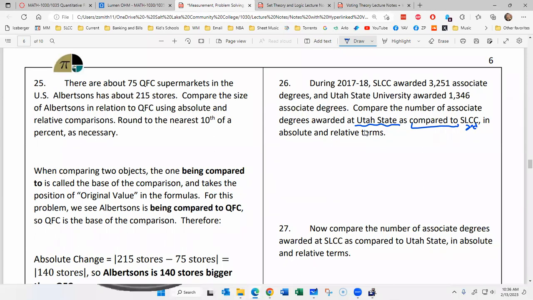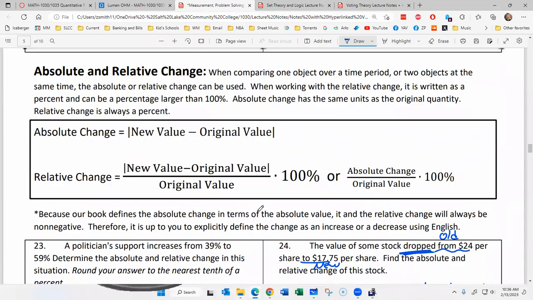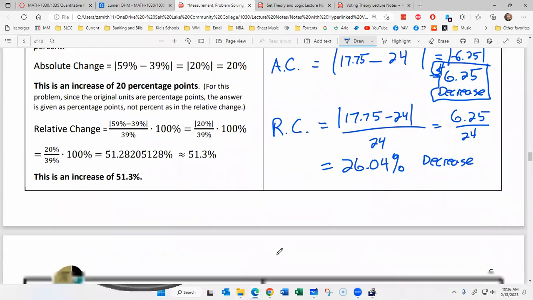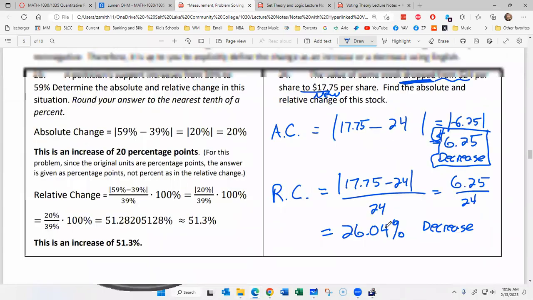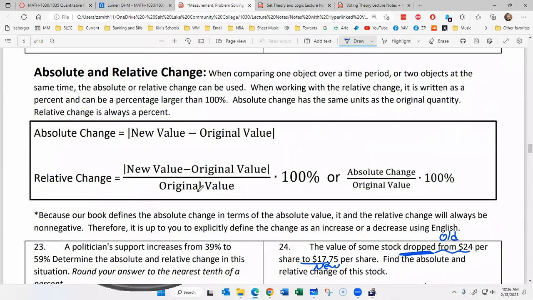The one being compared to is called the base of the comparison, and it takes the original value in our formulas. So as compared to SLCC, that's the base. That's going to be the original values.